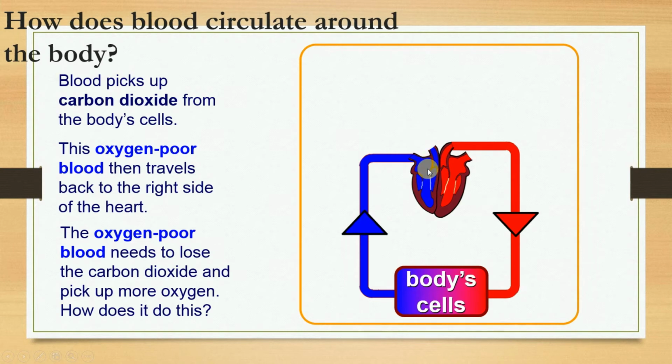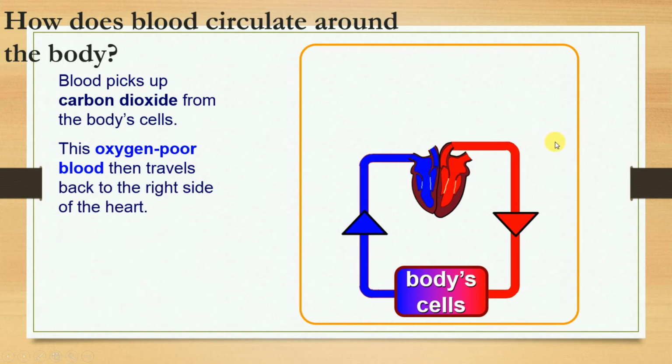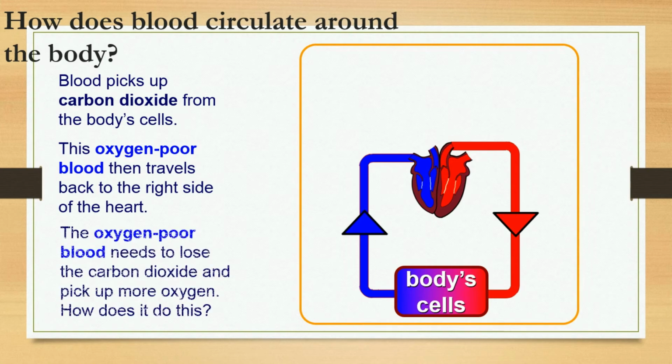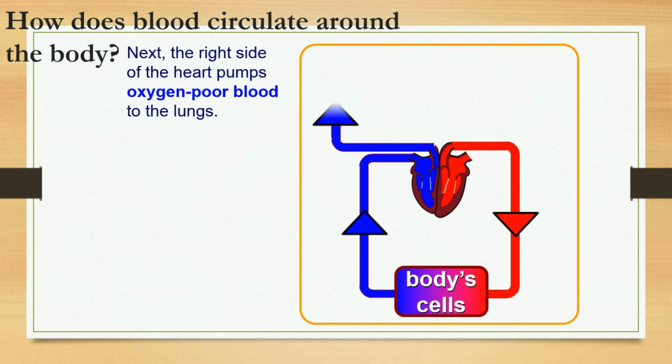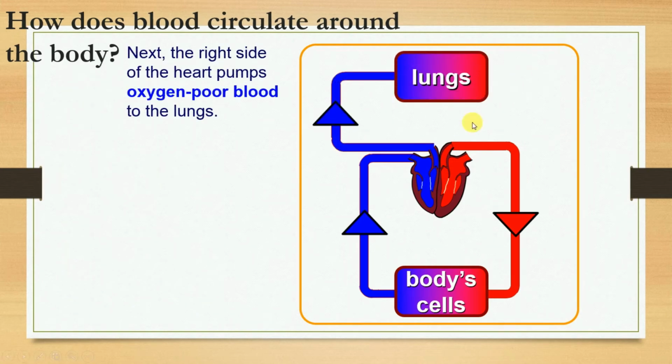Now, since the heart has collected deoxygenated blood, how will it get rid of carbon dioxide? In the next step, this blood will go to the lungs. Yes, this blood goes from the heart to the lungs by the pulmonary artery.